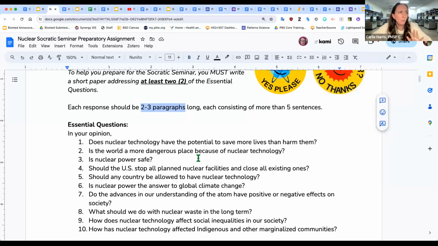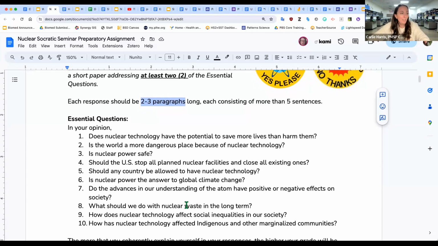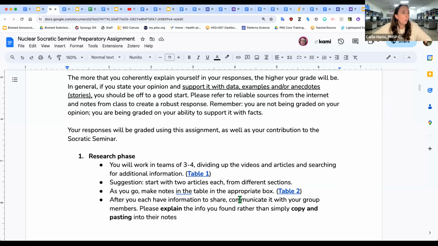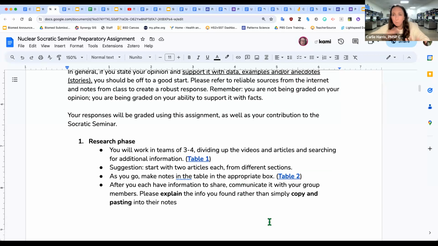I'm like, if you only want to write 2 paragraphs, great, that's totally fine. A lot of my students will write more than this, but they don't have to. They pick 2 of the essential questions that they relate to the most. And then I give them a whole bunch of time throughout the unit and at the end of the unit to do a little research.